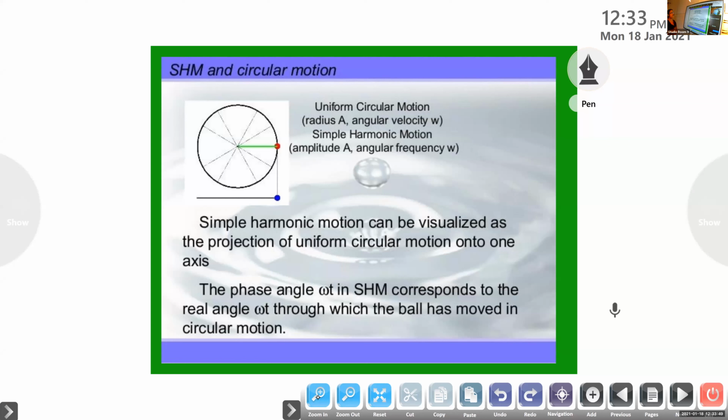I just want to show you how the same equations, x = a cos(omega t + phi), then velocity = minus omega a sin(omega t + phi), then acceleration = minus omega square a cos(omega t + phi), all of which we have already learned in terms of the spring, we get here by visualizing a uniform circular motion.